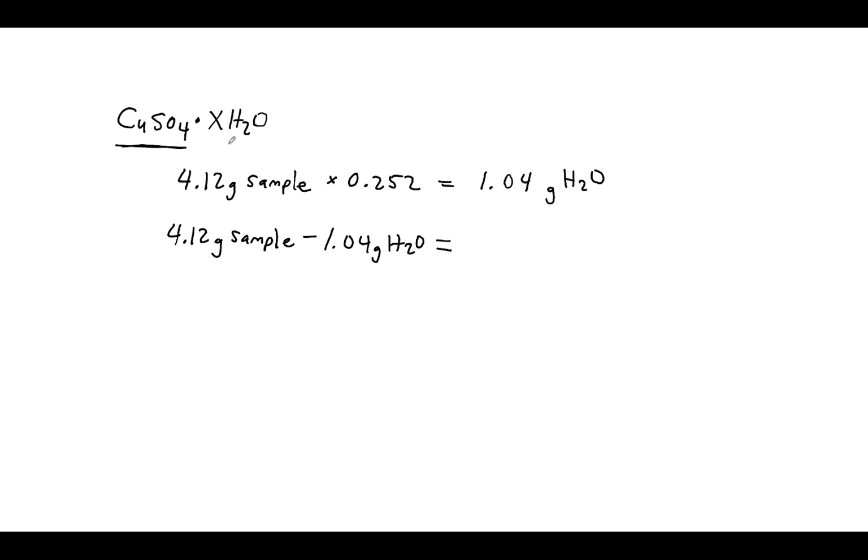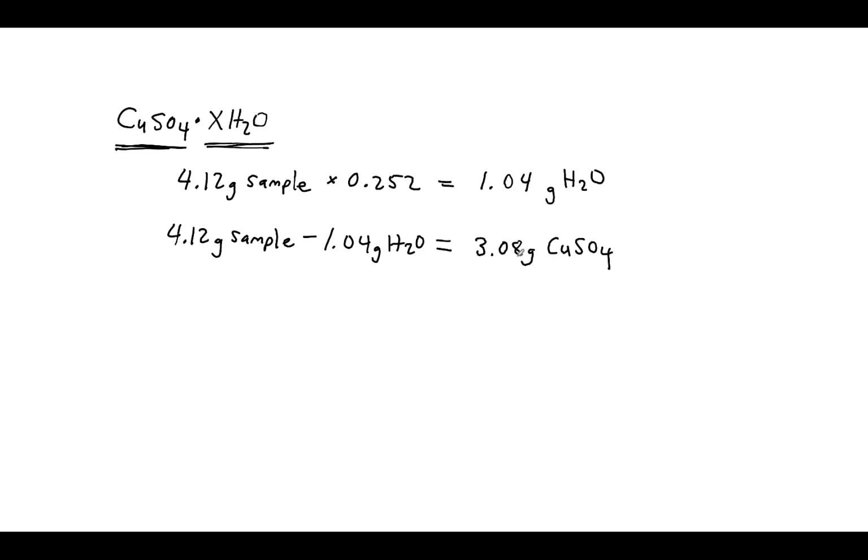So what we've actually been able to do is separate this into components. We've got the XH2O, and we've got now the copper sulfate. So let's go ahead and do that. 4.12 minus 1.04, and that gives us about 3.08 grams due to copper sulfate.